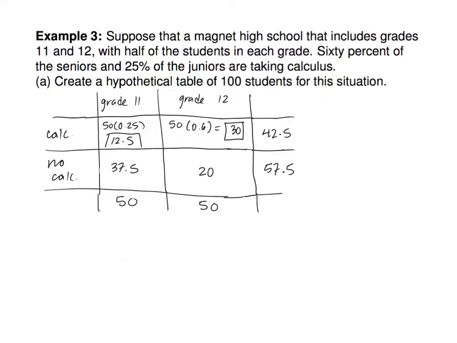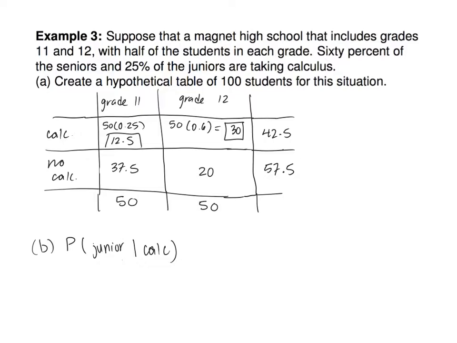Okay. Now part B, I'm going to write it on here because I need it. It says, suppose that a calculus student is randomly selected to accompany the math teachers to a conference. What is the probability that the student is a junior? So does it make sense that it's the probability of junior given that they're in calculus?